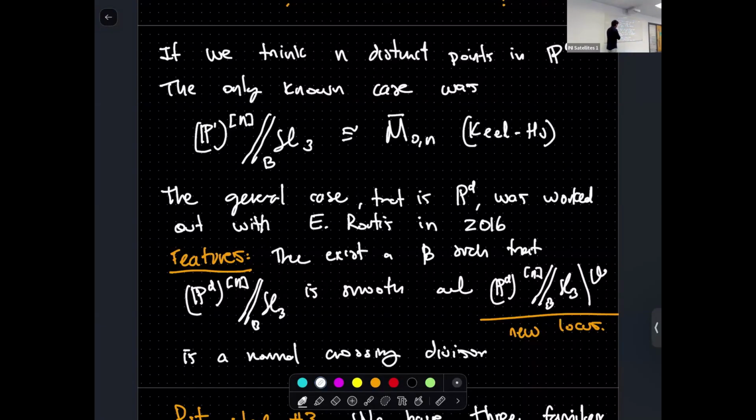What we did is look at this compactification, and we show that there exists a choice of linearization in this Fulton-MacPherson such that this space itself is smooth. And the new locus that you add is a normal crossing divisor. So it's a normal crossing compactification of your space.